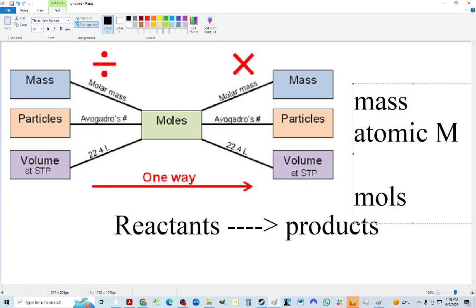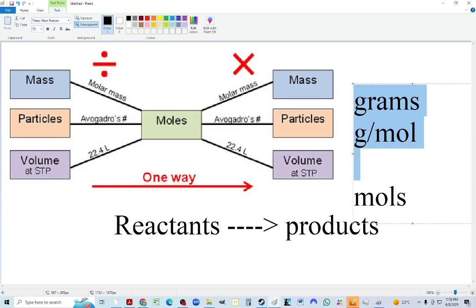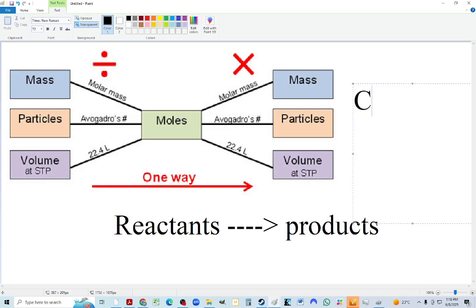That's because atomic mass is in units of grams per mole, and mass in this case should be converted to grams. When you have a fraction divided by a fraction, you get the denominator of the other one as your main unit, which is moles. Conversely, you may have to convert concentration, which is moles per liter, into moles, in which case you have to multiply it by liters so these two things cancel.